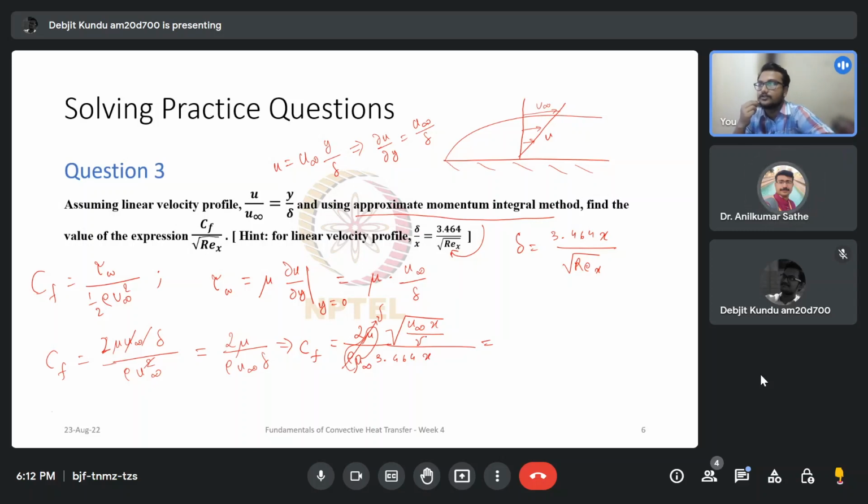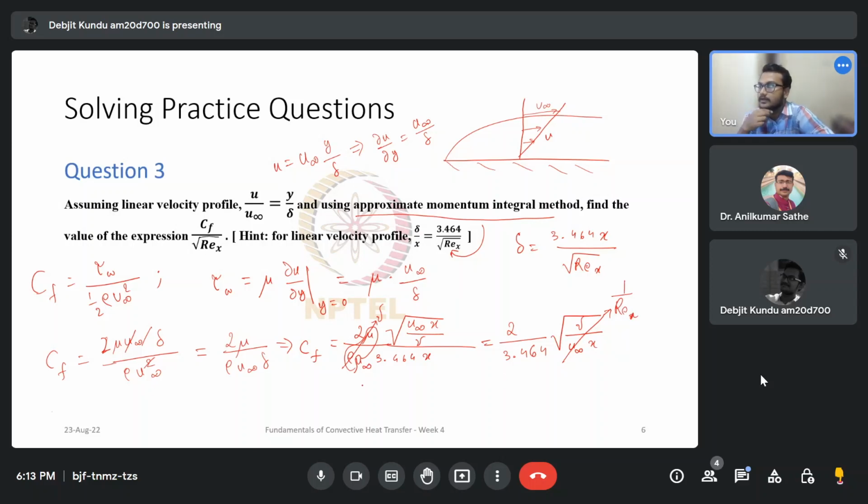If we cancel those out, this simply becomes 2 by 3.464 into the square root of nu upon u infinity x, which is nothing but 1 by root of the Reynolds number at x.